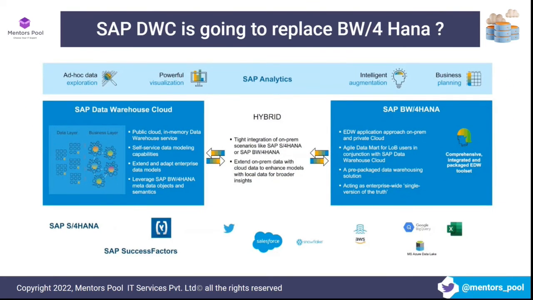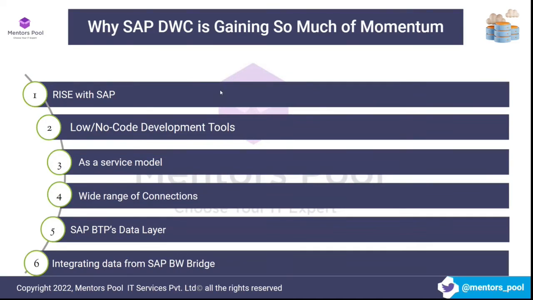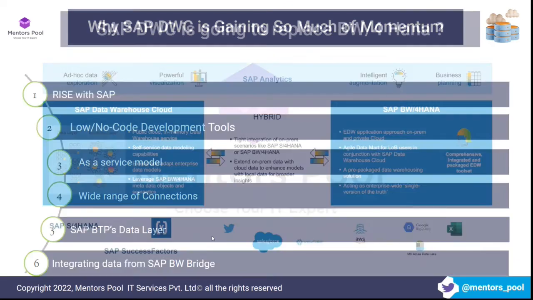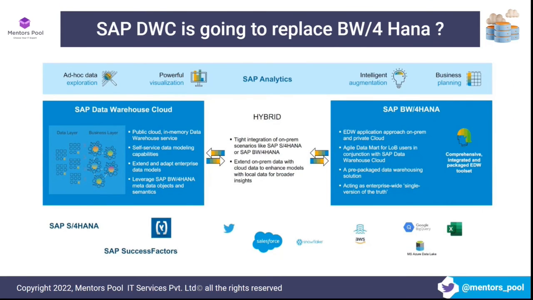Right. So now, in the last point, we said that Data Warehouse Cloud is competing with SAP's own product called Business Warehouse. So the next question that comes to the mind of any SAP Business Warehouse user is, is DWC going to replace BW for HANA? SAP says it's not going to replace it, and we can see why already.